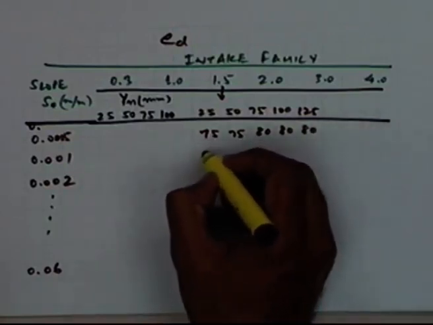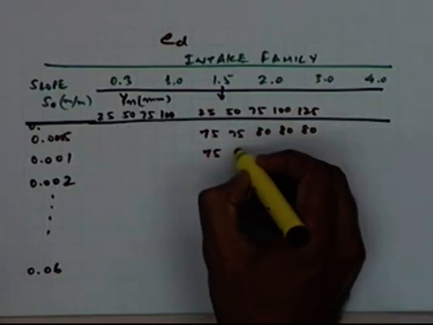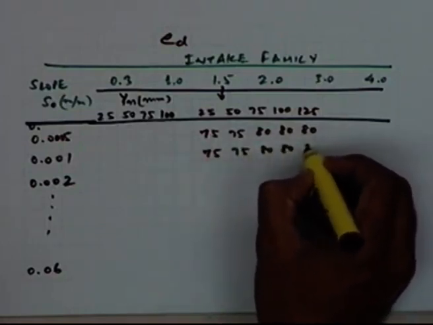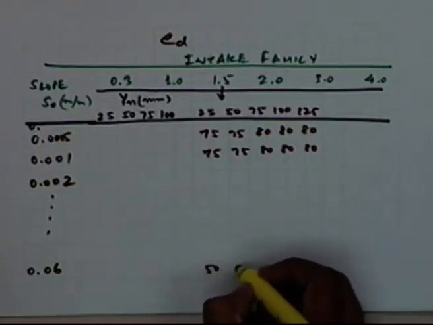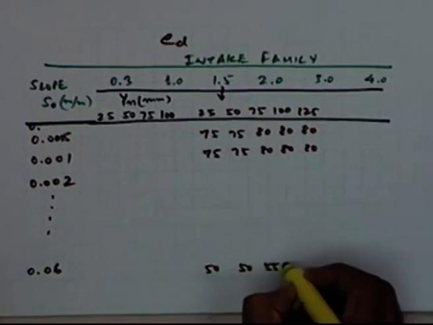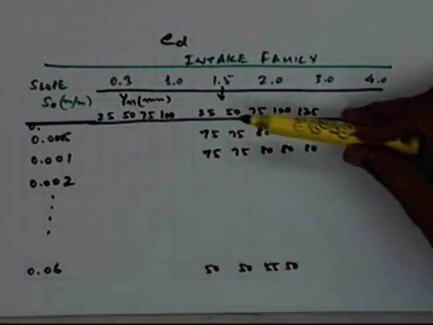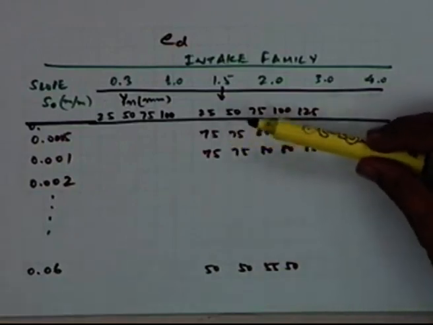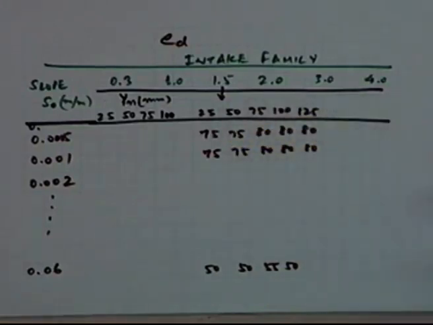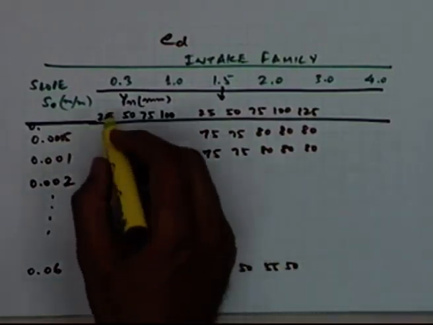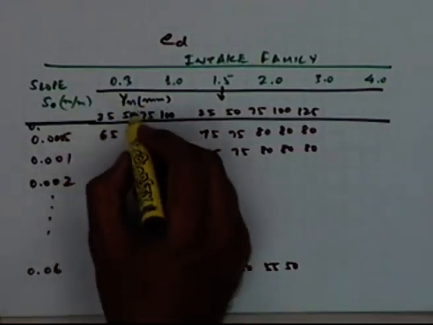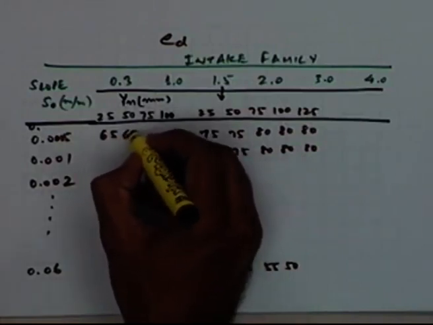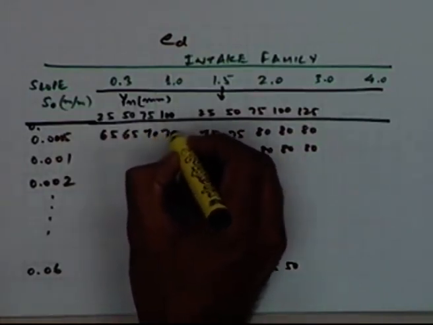For the slopes, it is again 75%, 75%, 80%, 80%, 80%. Let's look at the last slope here: 50%, 55%, 50%. So this is the variation. I have just picked up some values from the recommended values of the table. You will find that let's have some values in this category also for the 0.3 intake family. What is the order of magnitude of these?